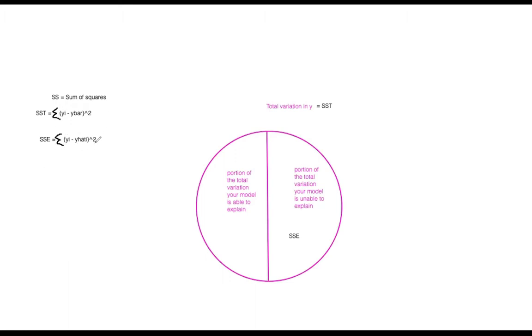Sum of squared errors or residuals. So those are the two formulas. This is what your model is unable to account for, the portion of the total variation in Y that your model is unable to account for. And then the left part is the portion of SST that your model is able to account for.